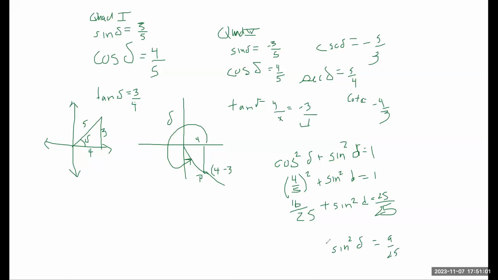Now, when I square root both sides, I don't forget to put a plus or minus because my sine can be negative. It can be positive. It just depends on what angle my delta terminates in. So sometimes it helps me remember to keep the plus or minus. Otherwise, I might accidentally only put quadrant 1 when there's actually another quadrant in which the cosine happens to be positive.